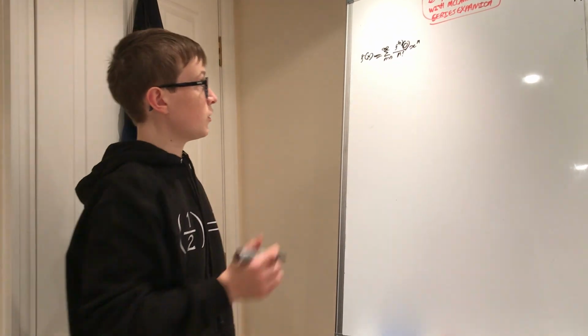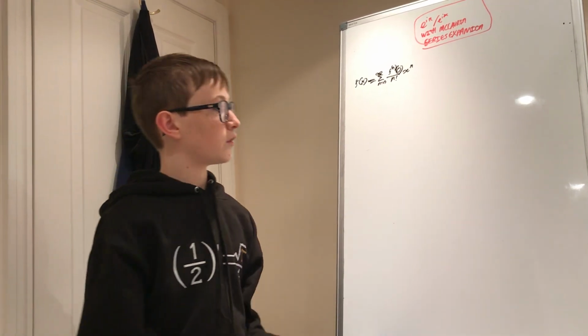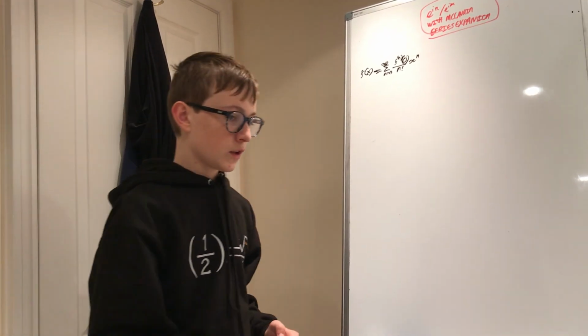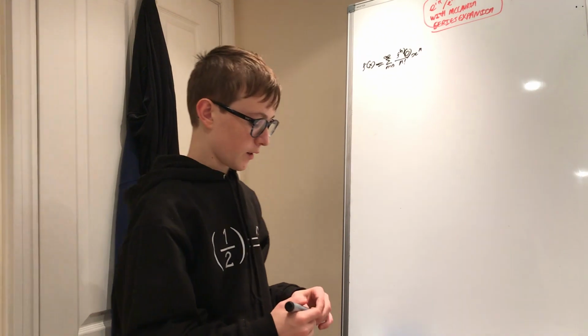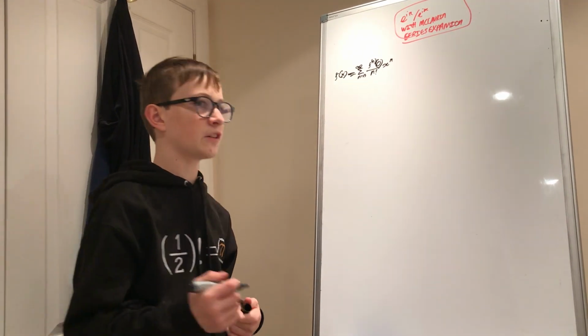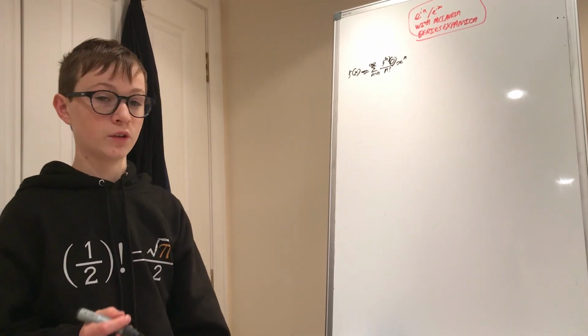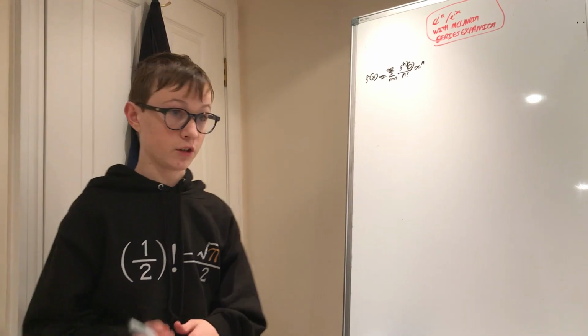Okay, so because we're looking at e to the ix, hopefully some of you guys know that this equals cosine of x plus i sine of x. So I'll preemptively write the Maclaurin series expansions for sine of x and cosine of x.